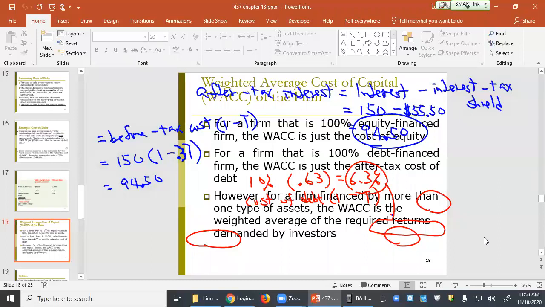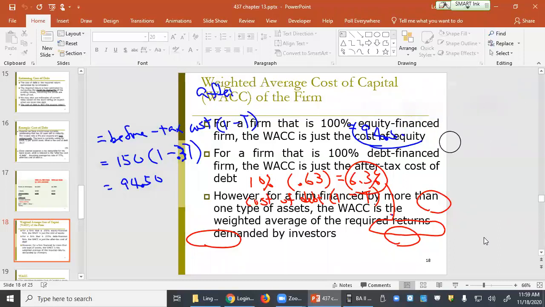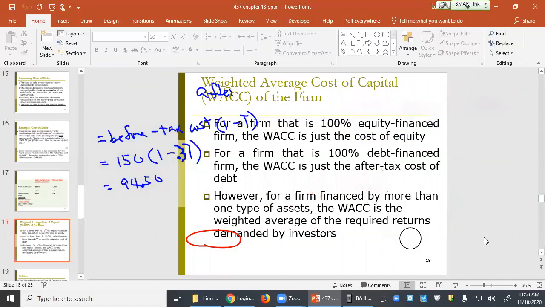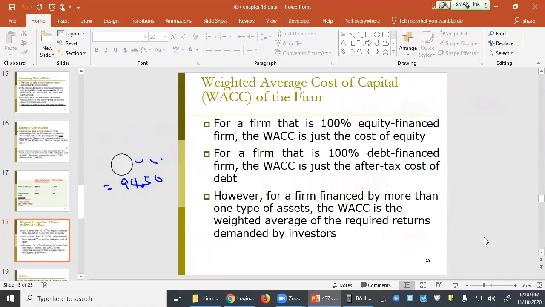Okay, so let's put everything together. What have we figured out so far? We have figured out that our after-tax cost of debt, notated by RD, is equal to 6.3%.